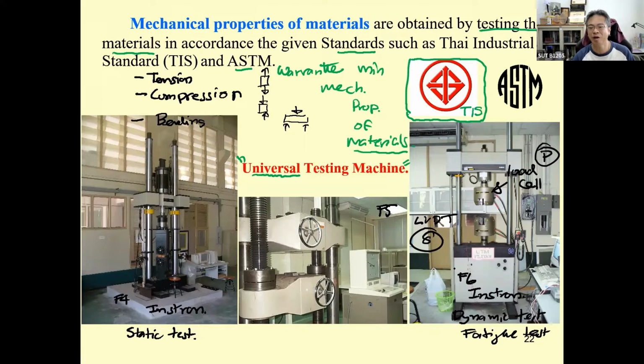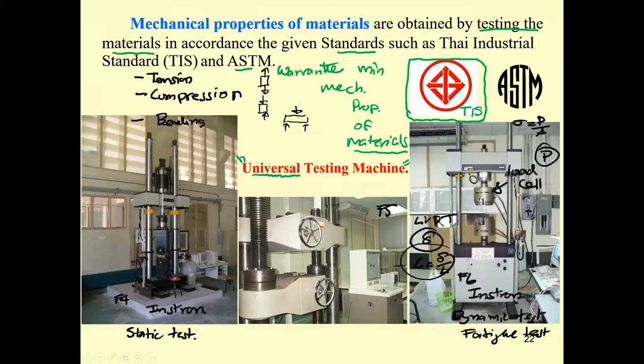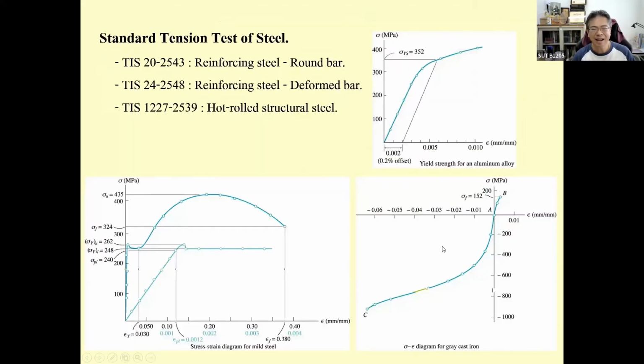Then you may convert it. The stress will be P over A, and the strain will be the deformation divided by L, and then you draw the stress-strain diagram. There are a number of stress-strain diagrams you must test if you are in civil engineering.